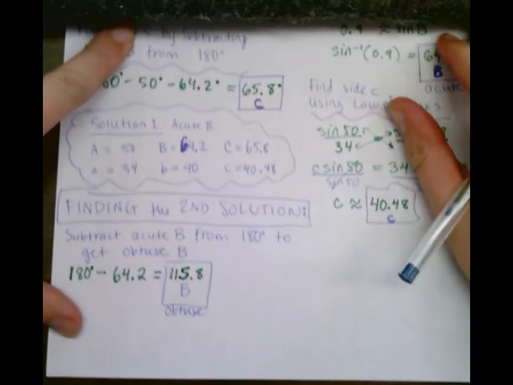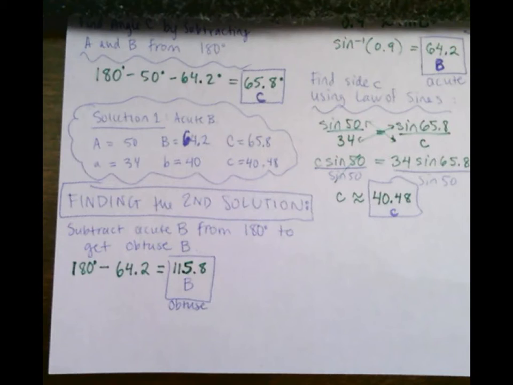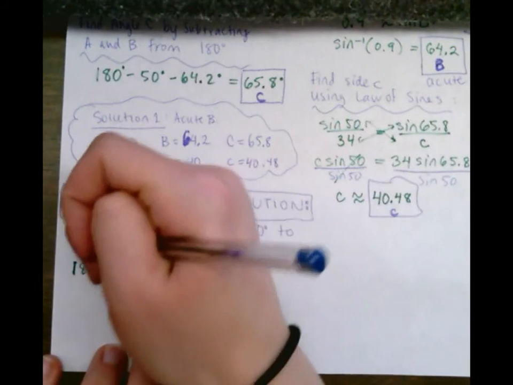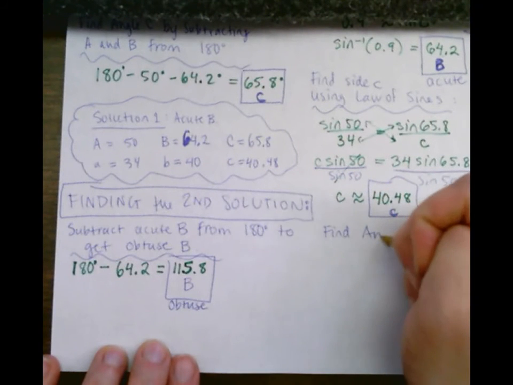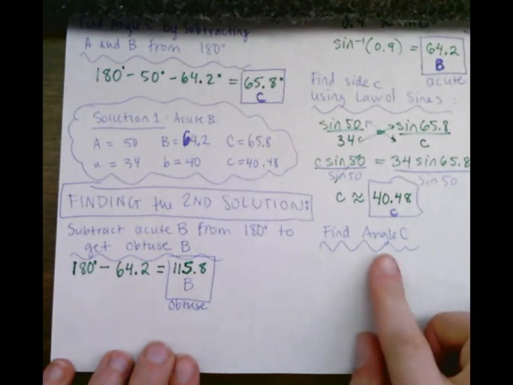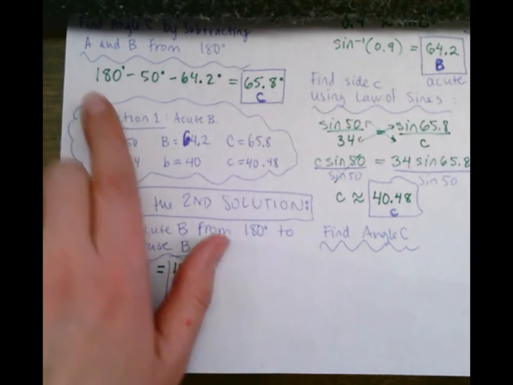Okay? So now that I have my new B value, I can find the other angle C. We find angle C the same way we did before. How do we find the third angle? We subtract the two angles we know from 180 degrees.